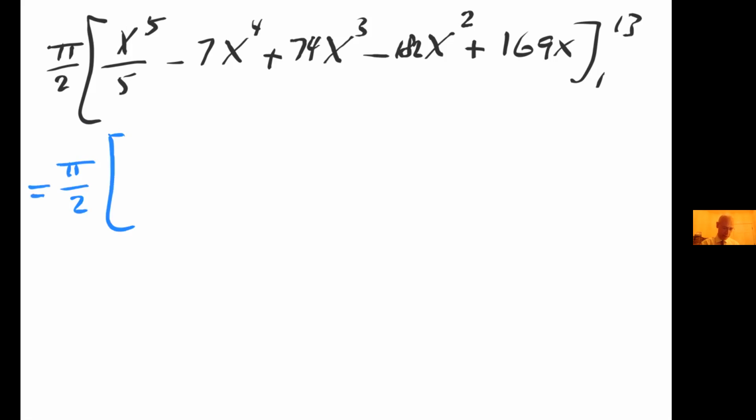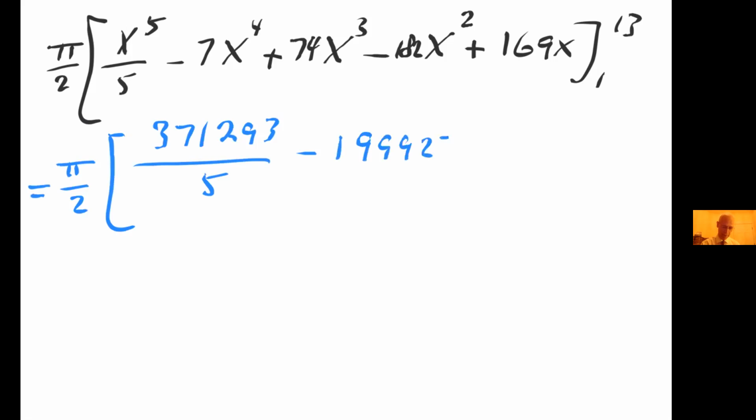I have 13 to the power of 5, 371293 over 5 minus 13 to the power of 4 times 7, 199,927 plus 13 squared times 180, 13 cubed times 74, 162,578.